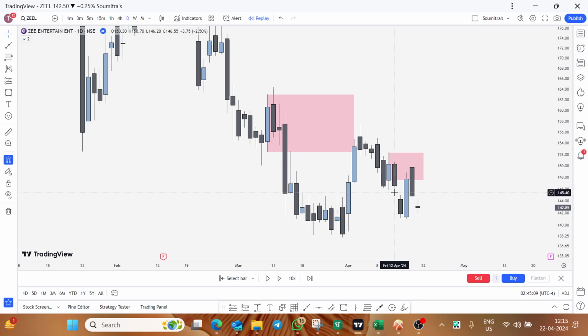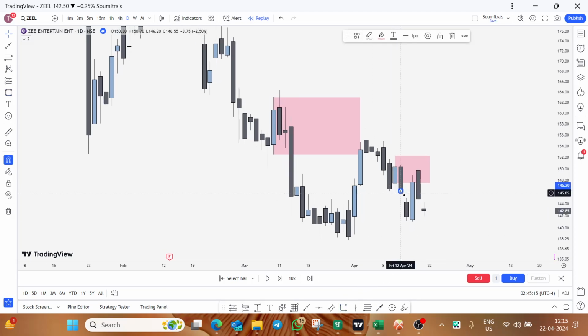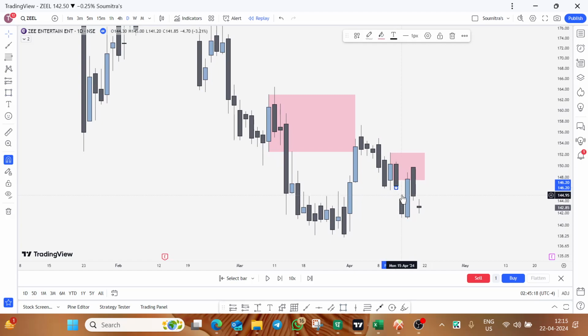We have an inefficiency also, as we can see here, this one. So this was our inefficiency, which makes this a good order block, and price is now reacting from here.